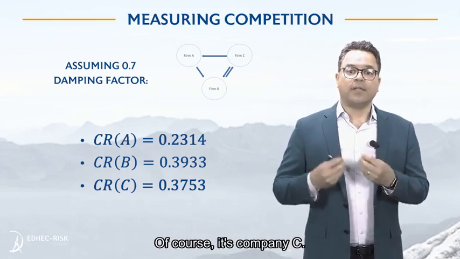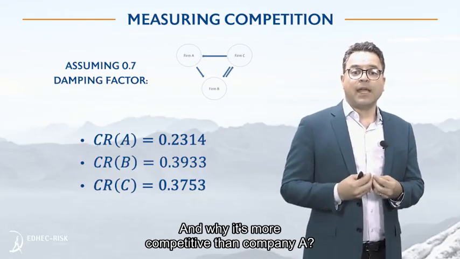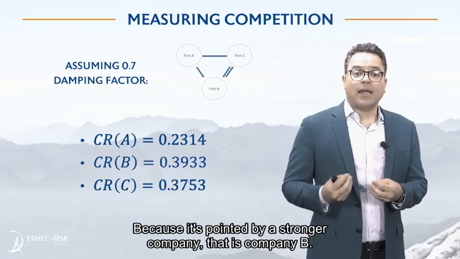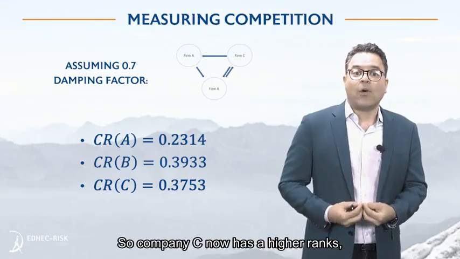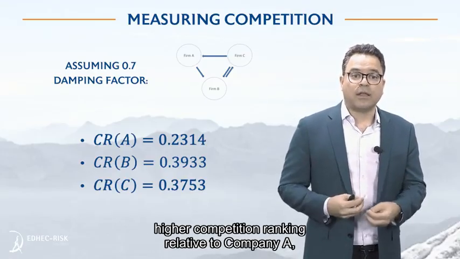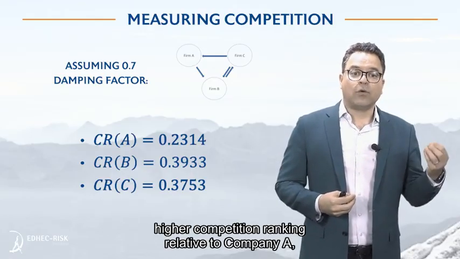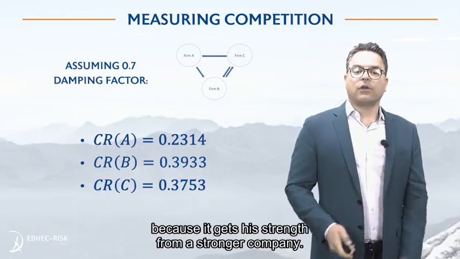Of course, it's company C. And why is it more competitive than company A? Because it's pointed at by a stronger company, that is company B. So company C now has a higher competition ranking relative to company A because it gets its strength from a stronger company.